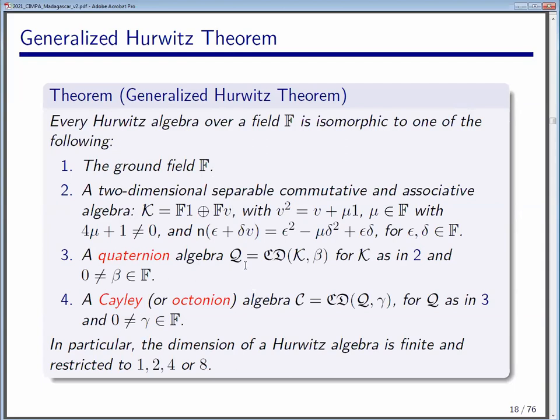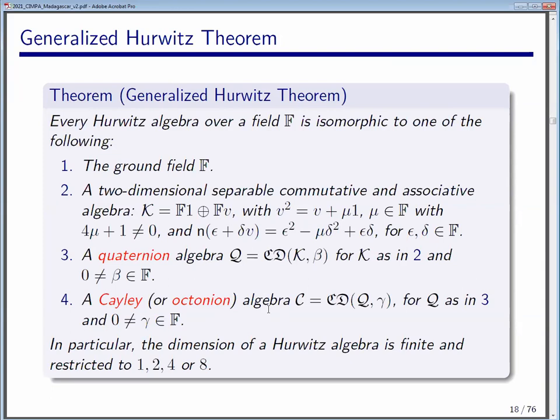So in the third step, we double a subalgebra that behaves as in the second step. And in the fourth step, we double a quaternion subalgebra. And that's it. We cannot continue doubling. So in particular, the dimension of a Hurwitz algebra is always finite and restricted to 1, 2, 4, or 8. There is no other possibility.